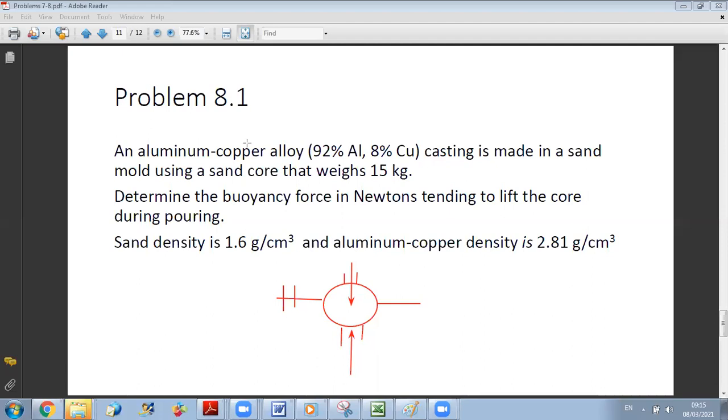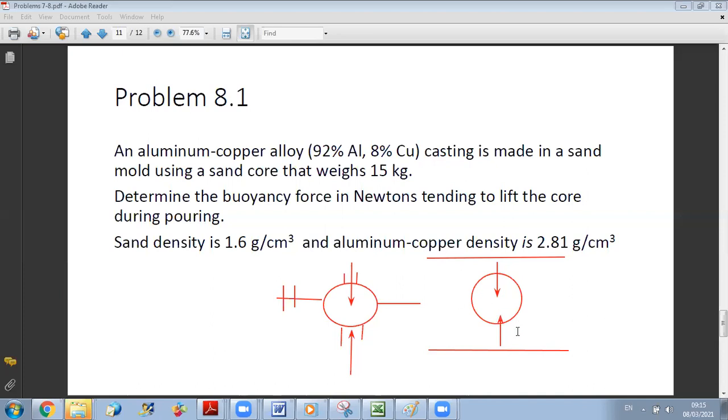Now, how to calculate buoyancy forces? We know that for any object immersed in a fluid, okay. So let's say here you have the core completely immersed in the molten metal. The weight is tending to move the core downward, but you will have a buoyancy force acting from the fluid on the core, and the buoyancy force is calculated as follows.